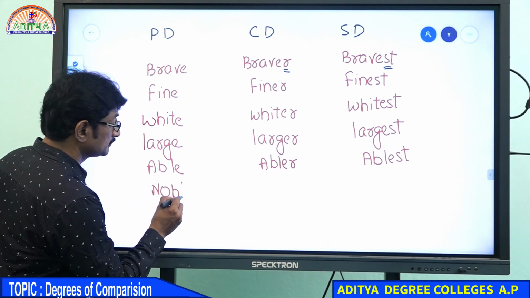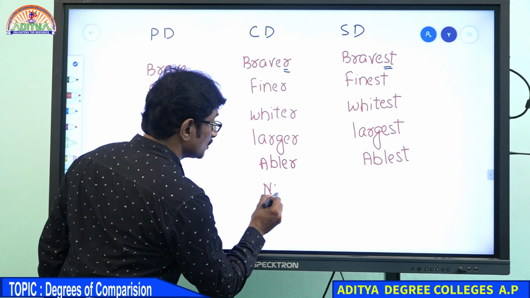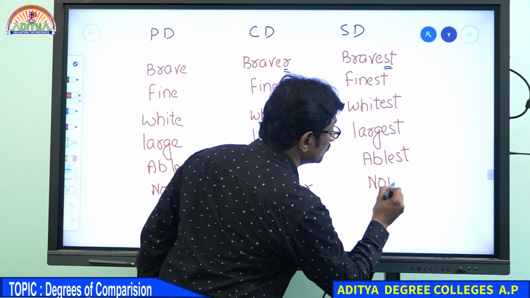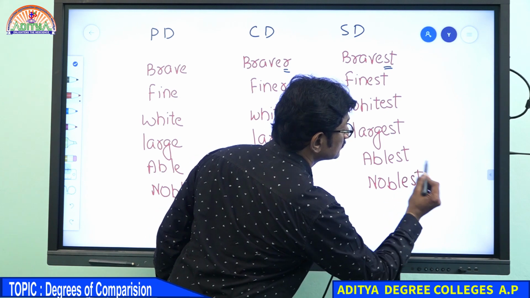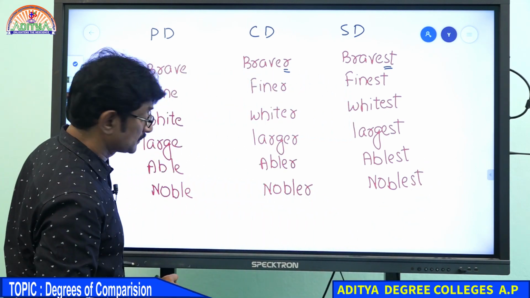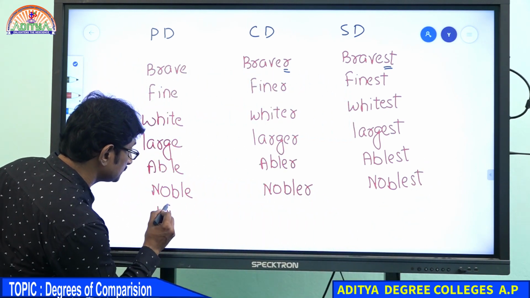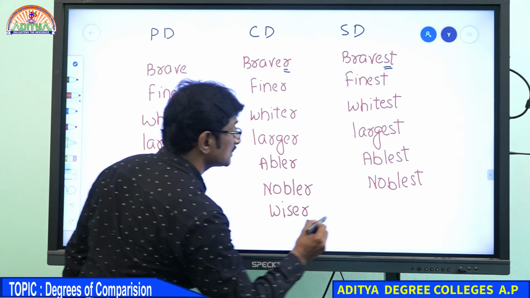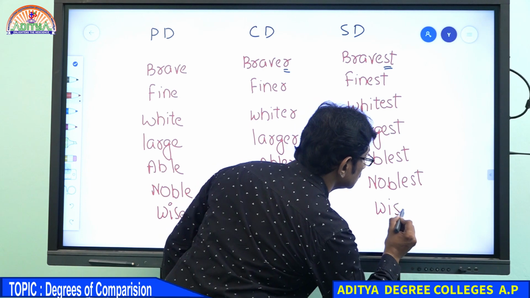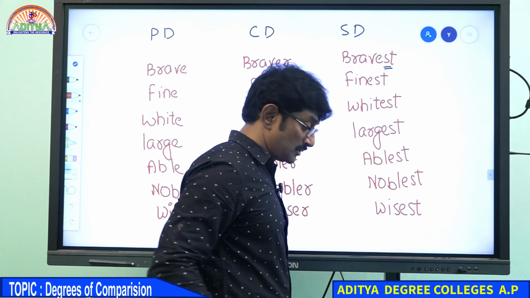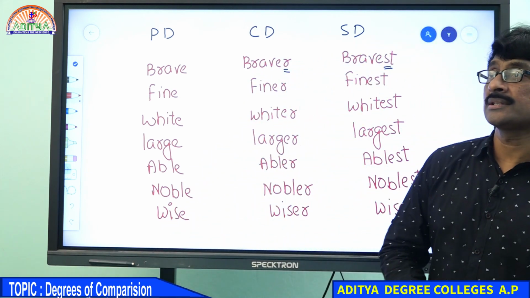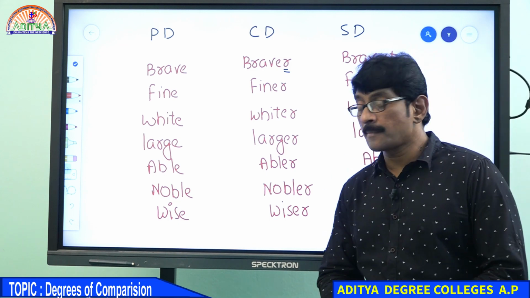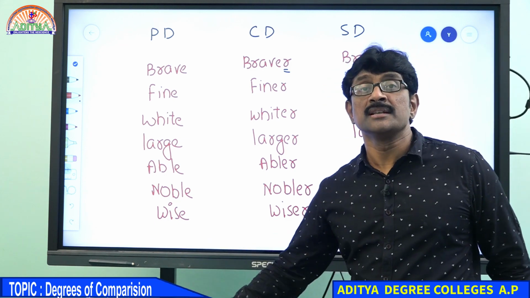Noble, nobler, noblest. Wise, wiser, wisest. These you have to write. Students, please write down these and we'll take the next step.